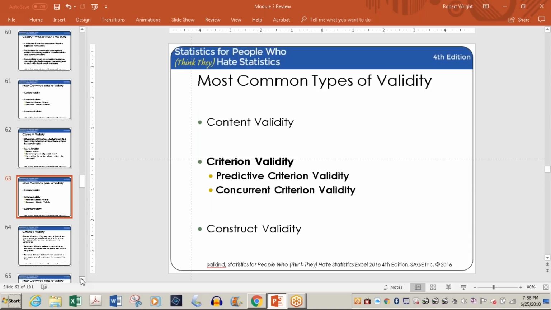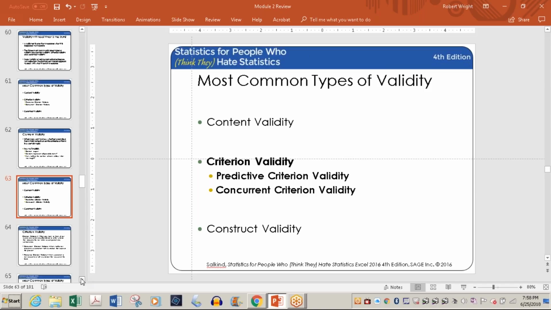Then you have criterion validity, and there are two types: predictive and concurrent. Anybody want to make a stab at these? Predictive is basically what it's saying. You have some established standards you want to demonstrate, and you're trying to predict what is going to happen.